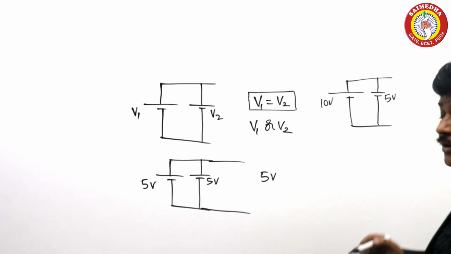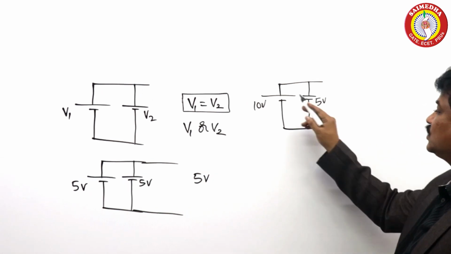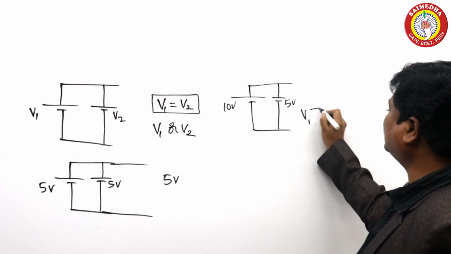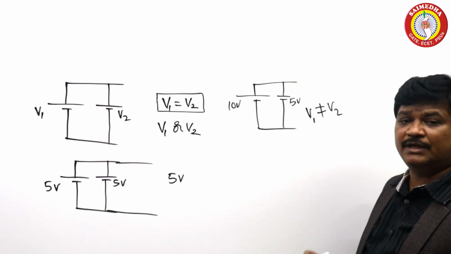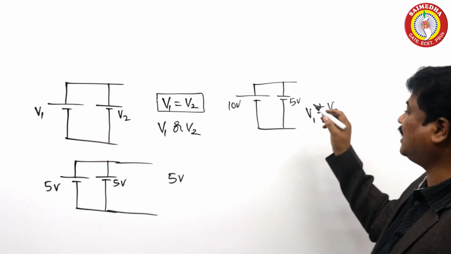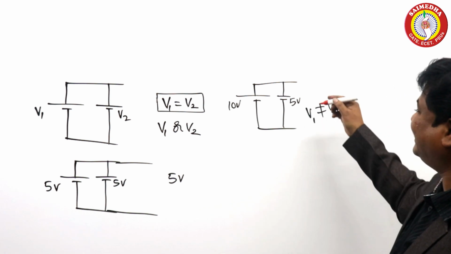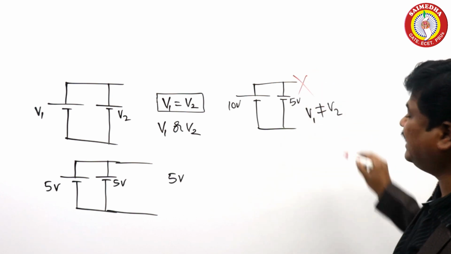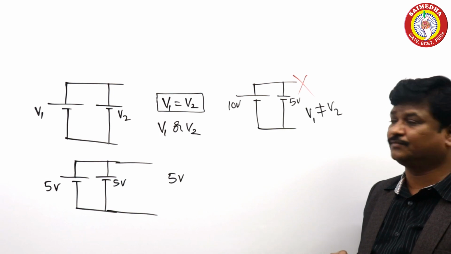Keep it in mind, we are talking about ideal voltage sources, not practical sources. So here V1 is not equal to V2. Under this condition, Kirchhoff's voltage law is violated. Unequal ideal voltage sources can never be connected in parallel. It violates Kirchhoff's laws.